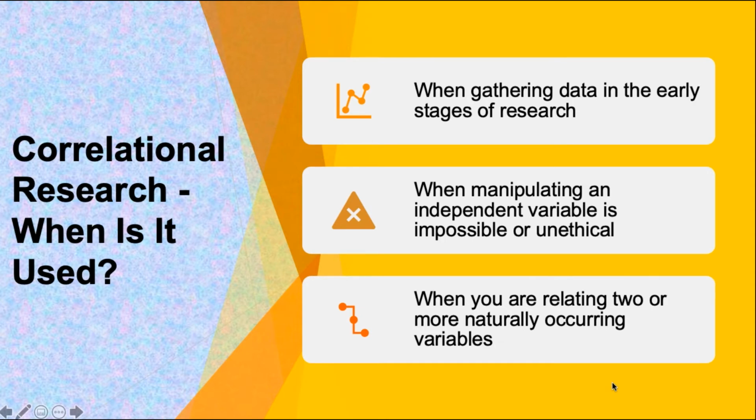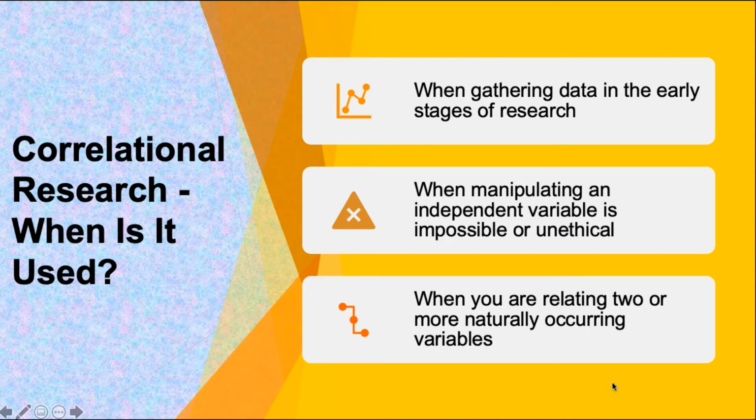For example, first, gathering data in the early stage of research. During an initial exploratory stage of the research project, the correlational approach's ability to identify potential causal relationships can provide a rich source of hypotheses that later may be tested experimentally. So it can help you to develop your hypothesis. Later you collect the data and test this hypothesis, whether there is really an effect or not.